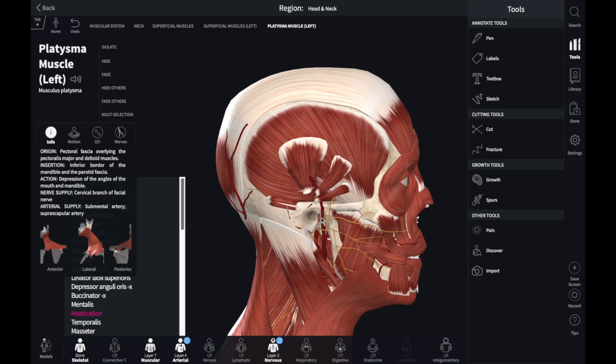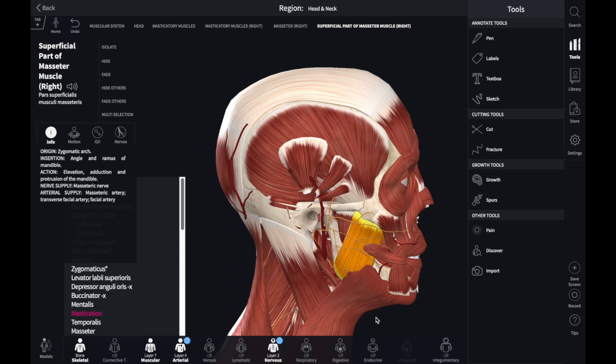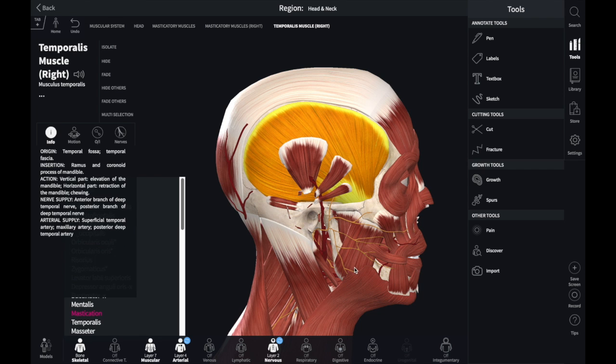Now, the muscles of mastication or chewing involve your temporalis, right here, as well as your masseter. So the temporalis will lift your jaw, while the masseter will cause the clenching of your jaw, particularly in the back. So the temporalis, its origin is just below that aponeurosis.